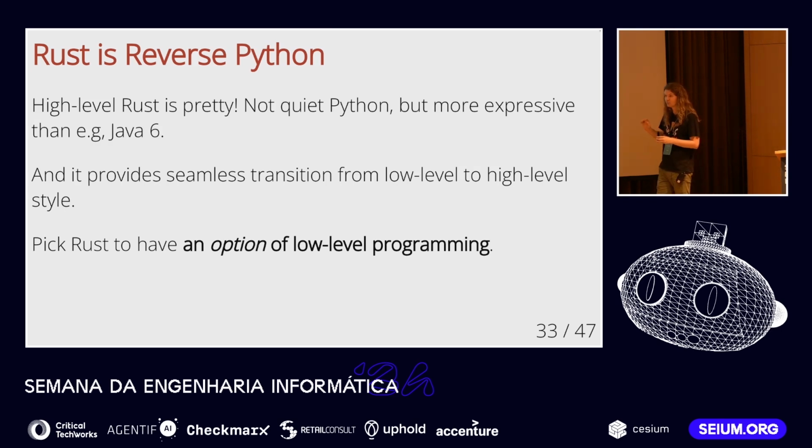And then you can sleep well because you know that if at some point you discover a performance problem in some part of your application, you could rewrite it in a low-level dialect of Rust, and you won't have to pay this FFI tax, which you would have to pay in a Python/Rust situation.